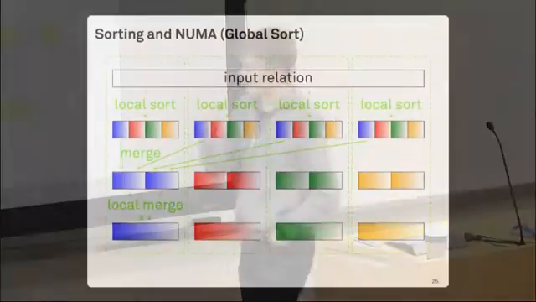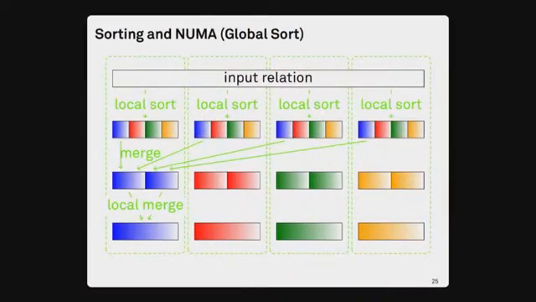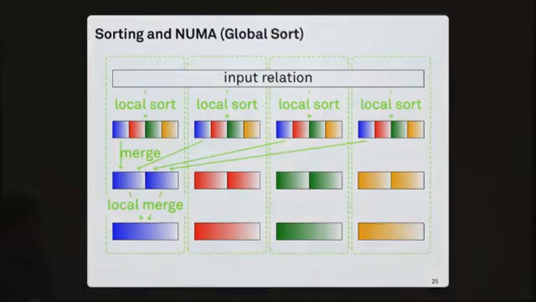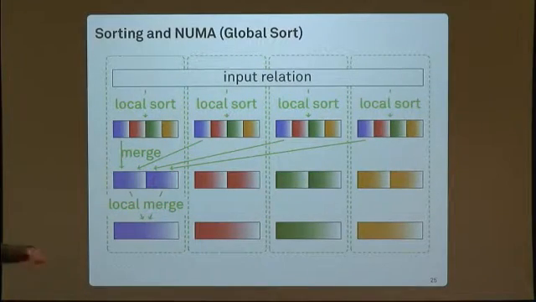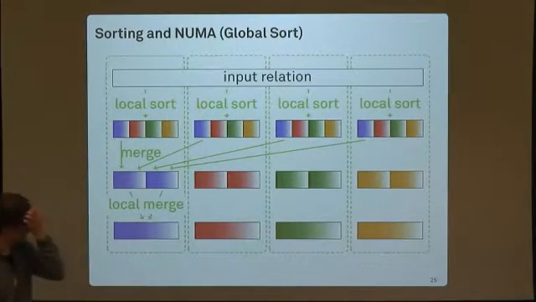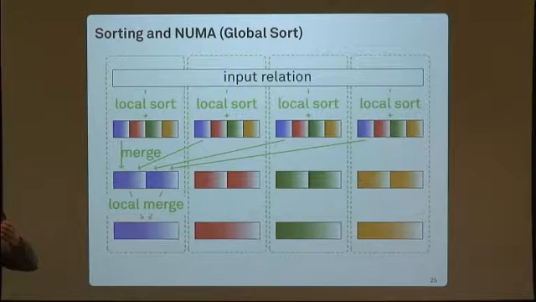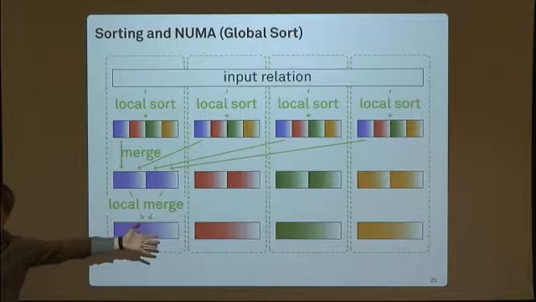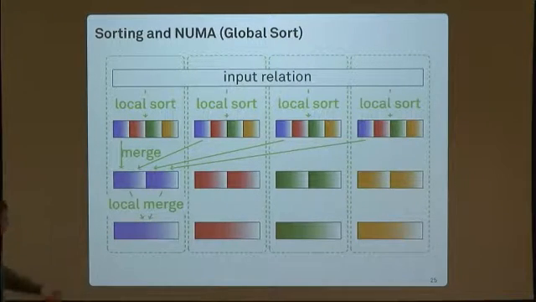In practice on modern hardware, I try to visualize how this looks. If you have a large system, it's going to have a NUMA memory architecture. So here on the graph, I assume you have 4 NUMA regions. One way of doing the sorting is to assume the input data is somehow distributed over all your NUMA regions.